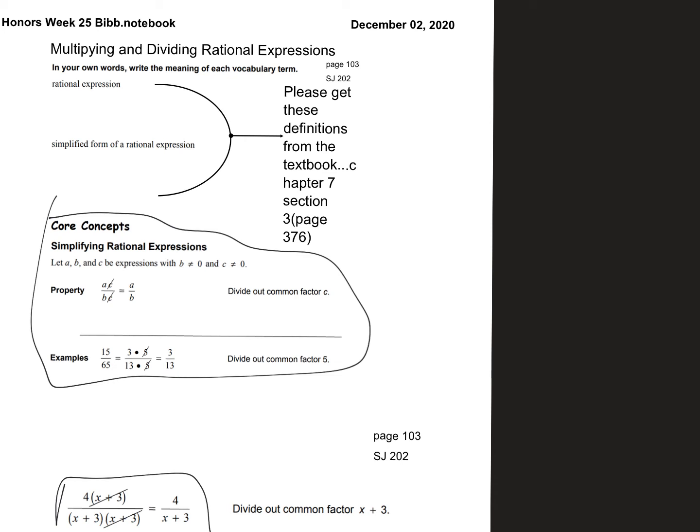Notice you have on the bottom example 4 times the quantity x plus 3, and in the denominator x plus 3 times x plus 3. You can only cancel out one of the x plus 3's, and rational expressions have to be in factored form in order to simplify them.